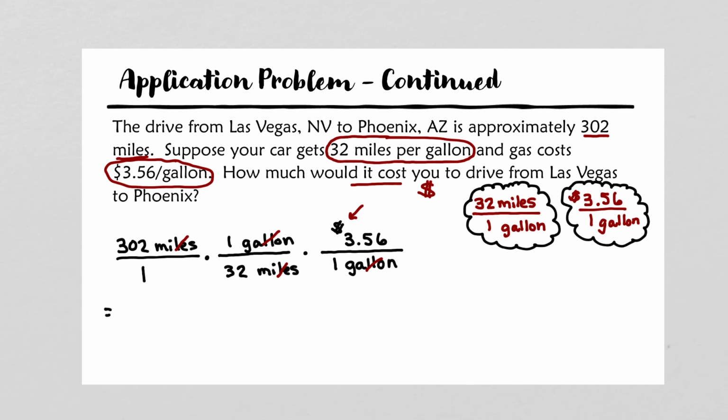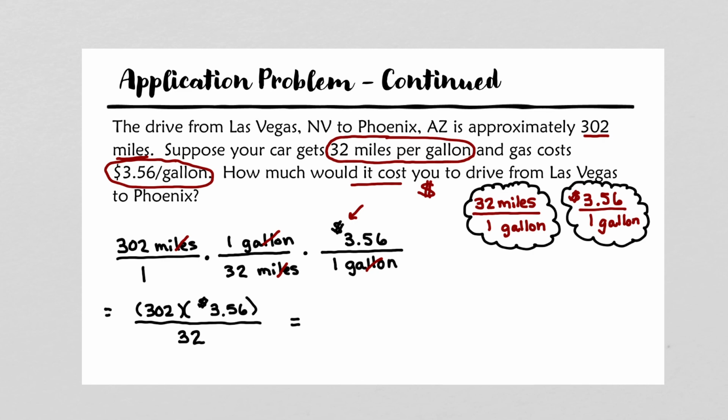On top, I have 302, and I'm going to multiply that times 1 and then times $3.56. So on top, I'm taking 302 times $3.56. On the bottom, or in the denominator, I'm taking 1 times 32 times 1, and that's just 32. There are no units.